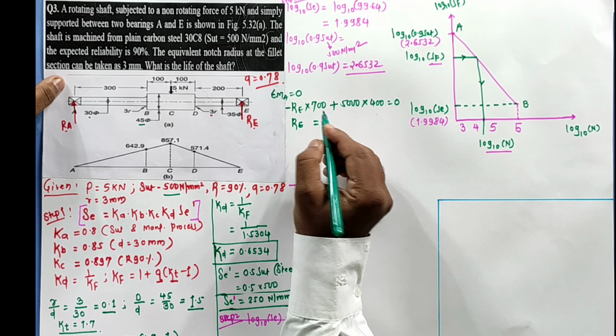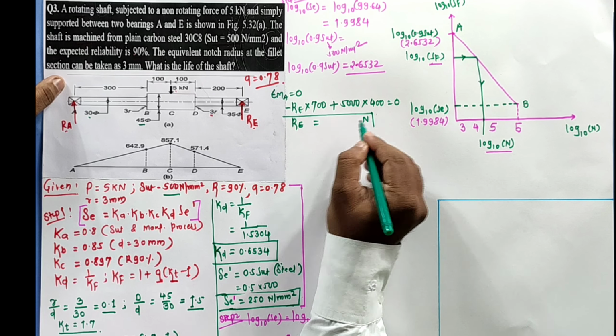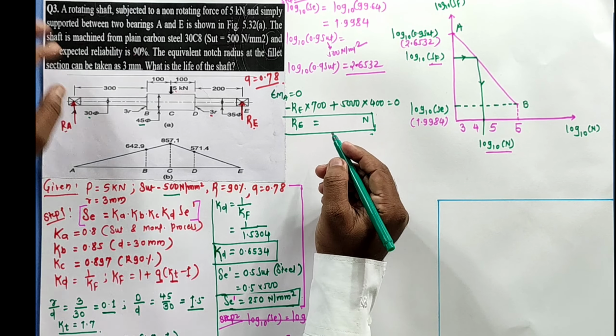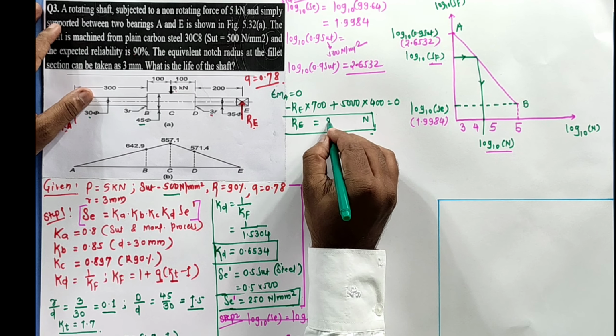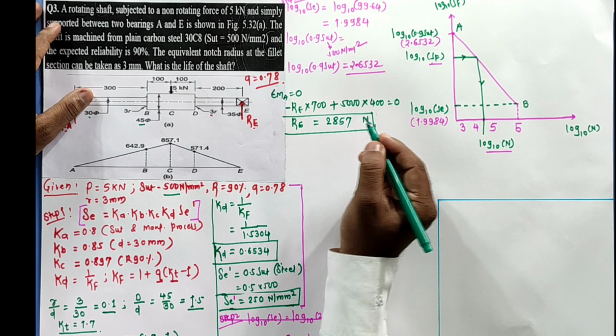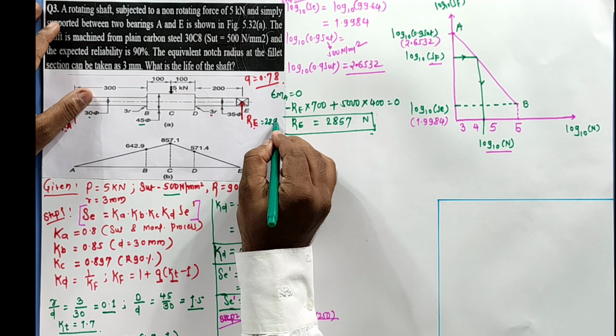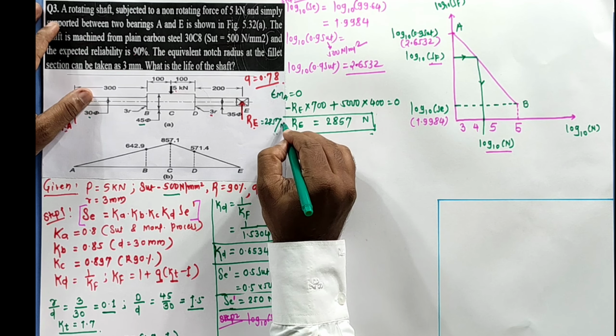Therefore the reaction at E, in Newton, is 2857. So I'll write 2857 Newton, correct.